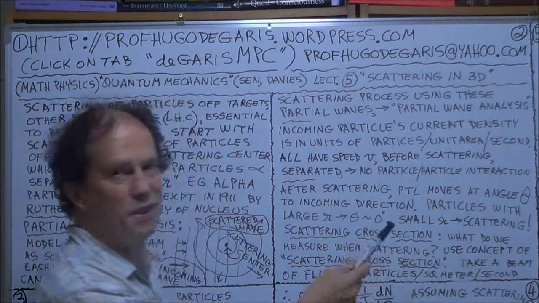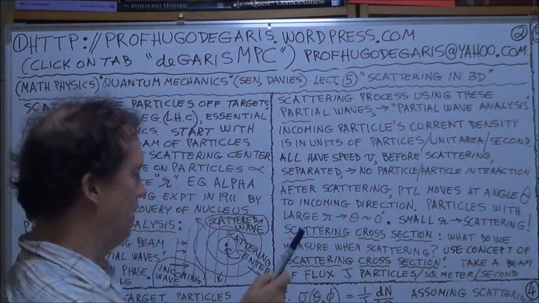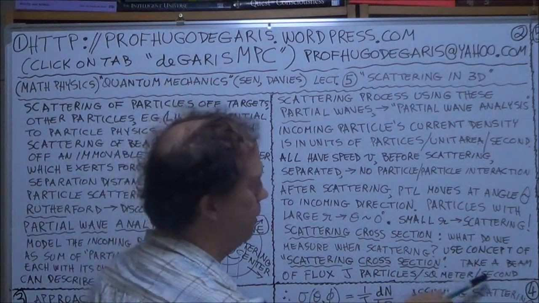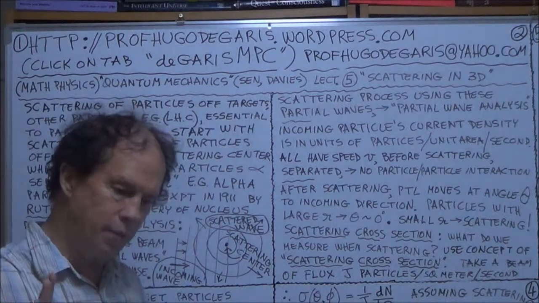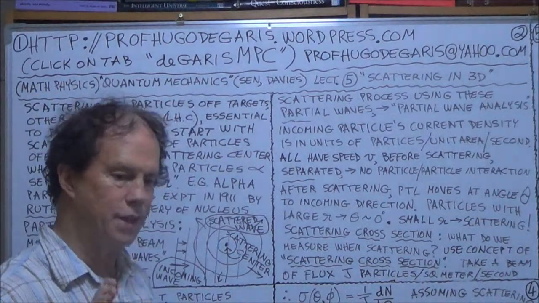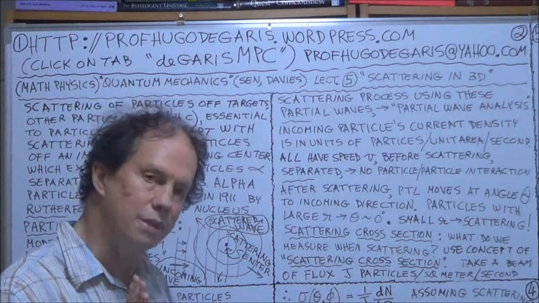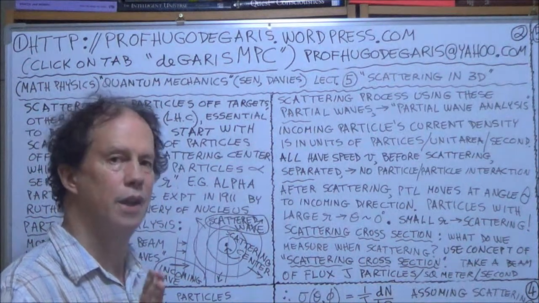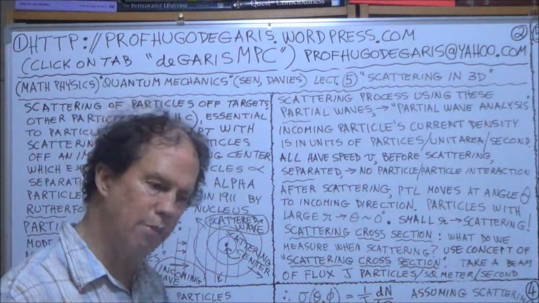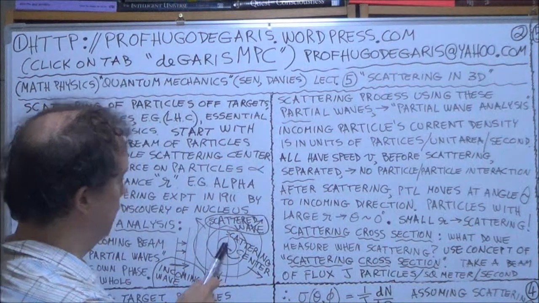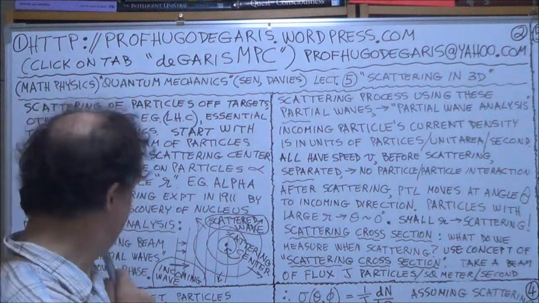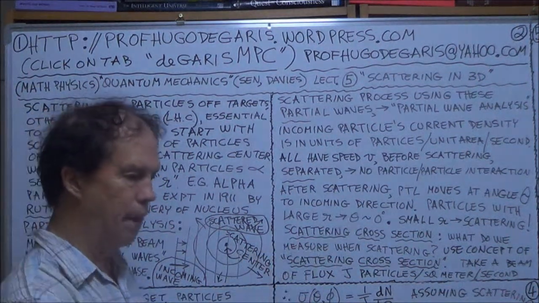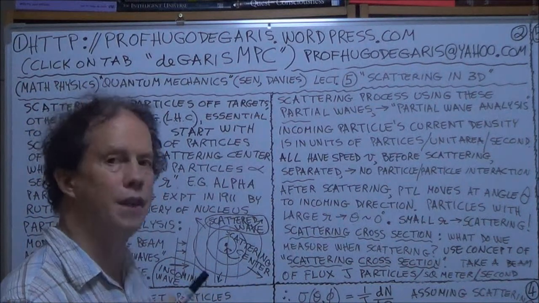Since I've run out the end of the session, we imagine we have a flux of J particles per square meter per second. So we start with an incoming beam that has an intensity of J. J simply means the number of particles per square meter per second approaching the scattering center or the target. After the scattering, these particles can scatter in all directions.